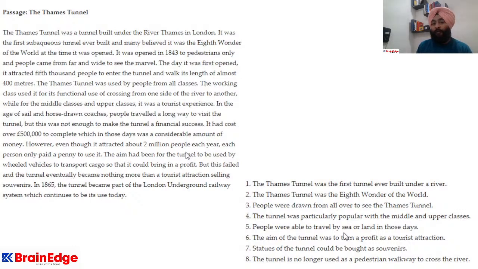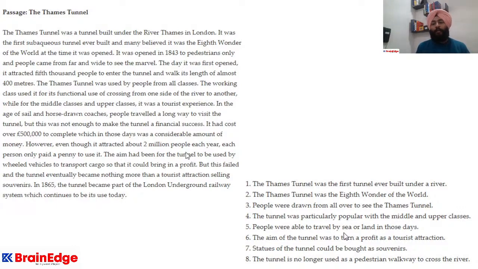People traveled a long way to visit the tunnel. The answer is totally true. How? People used to travel by sea, by sail. Sailing means they used to sail the boats, and by land they used to use those horse-drawn coaches. Totally correct. The answer is true.